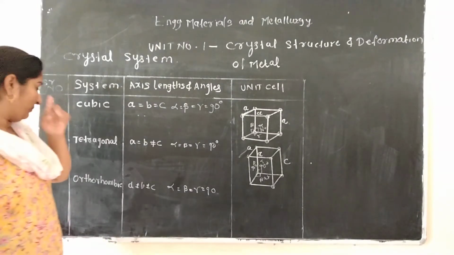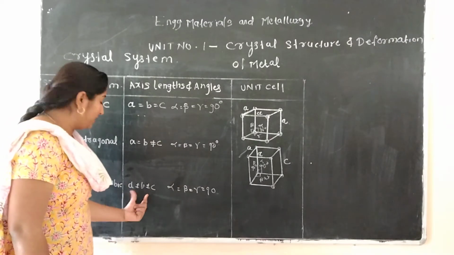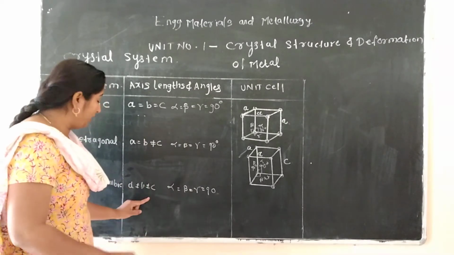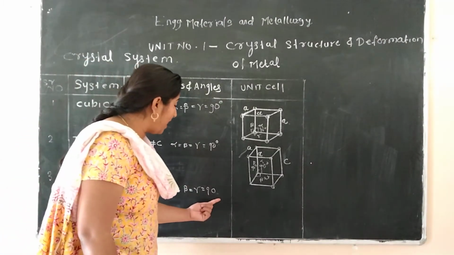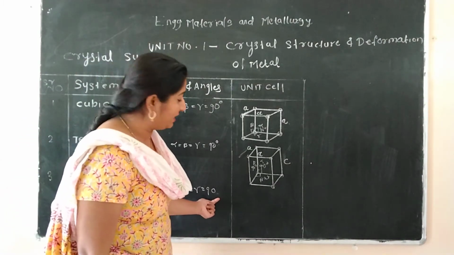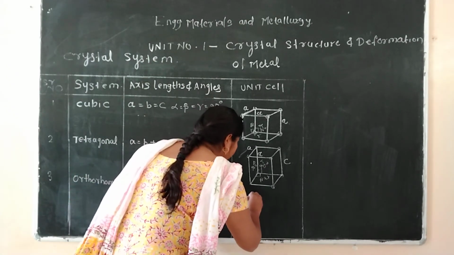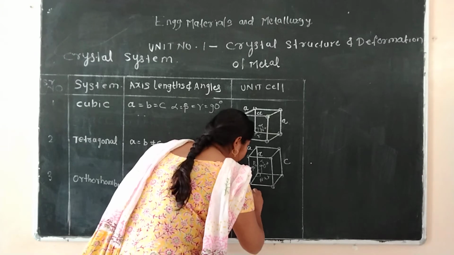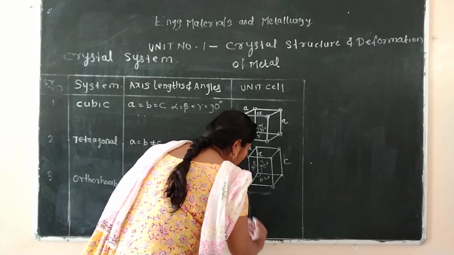Now orthorhombic. In that the parameters are a is not equal to b is not equal to c, but alpha, beta and gamma remain the same, that is 90 degrees with each other. Now we can draw the small diagram.